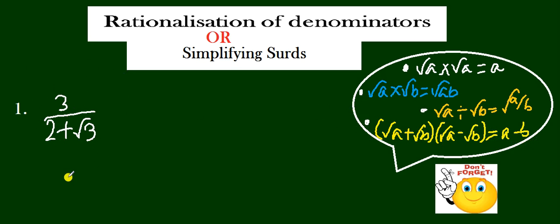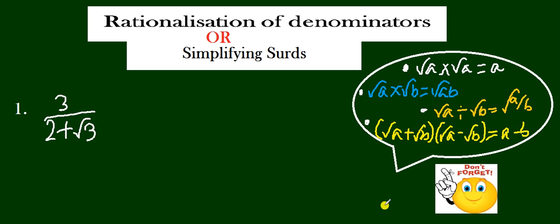I have taken a simpler one to start with, and then I'll move on to complicated ones. So here, as you can see, the denominator has an irrational part, root 3. And I want to do something by which I can remove the irrational part. This is where the last identity comes into effect.